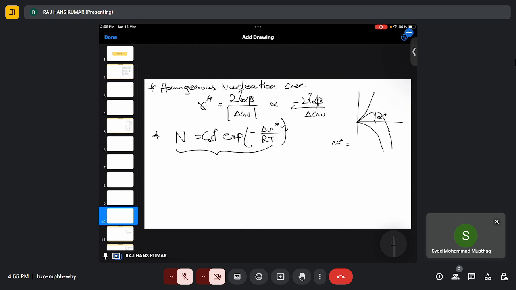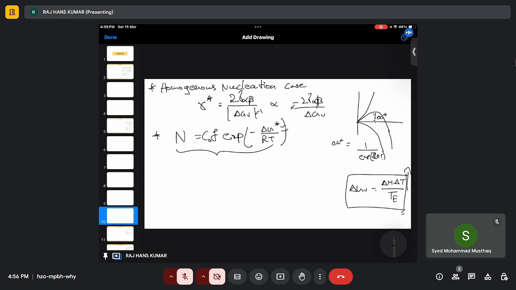So if I have a larger undercooling, let's say it is exponential 1 by a function of delta T. And we know delta G is a function of delta T, right? So delta GV will be equal to delta H times delta T upon T equilibrium.